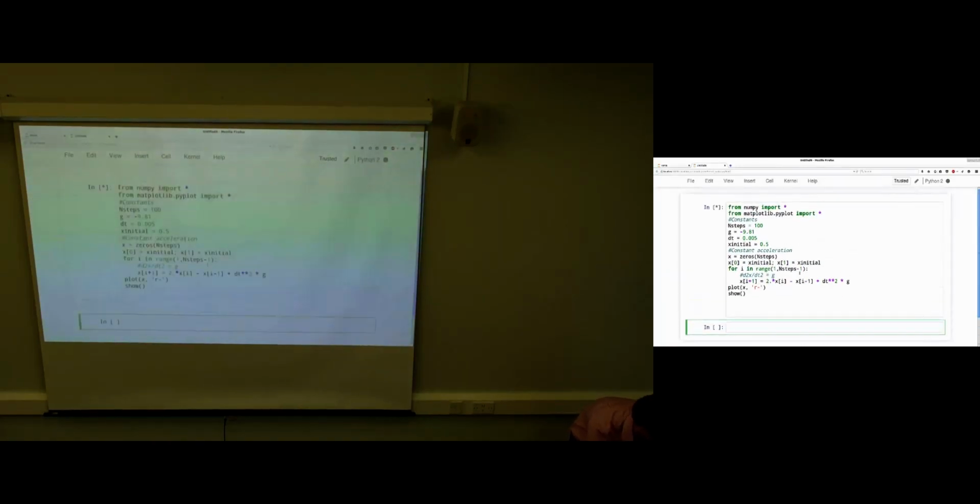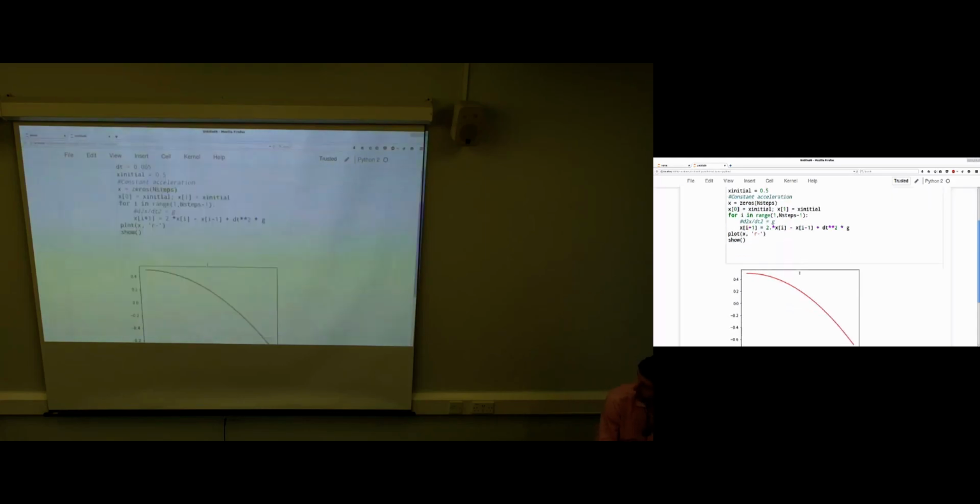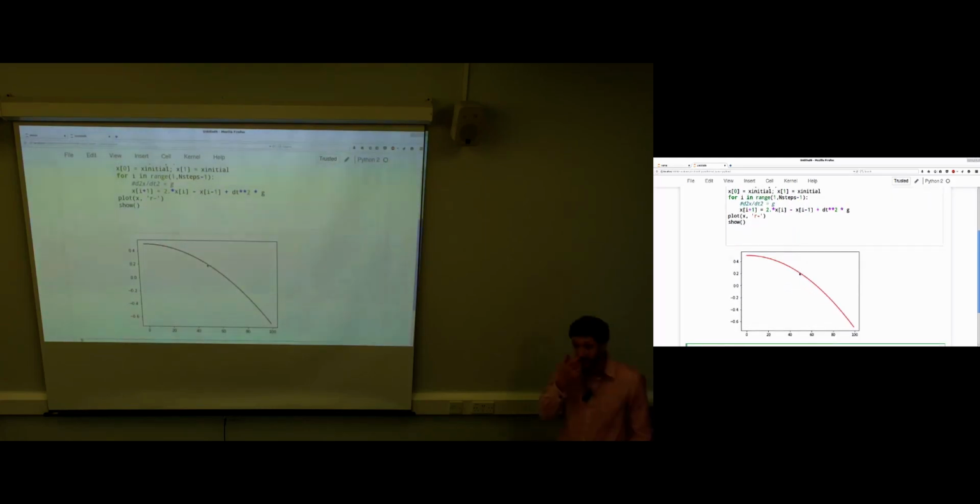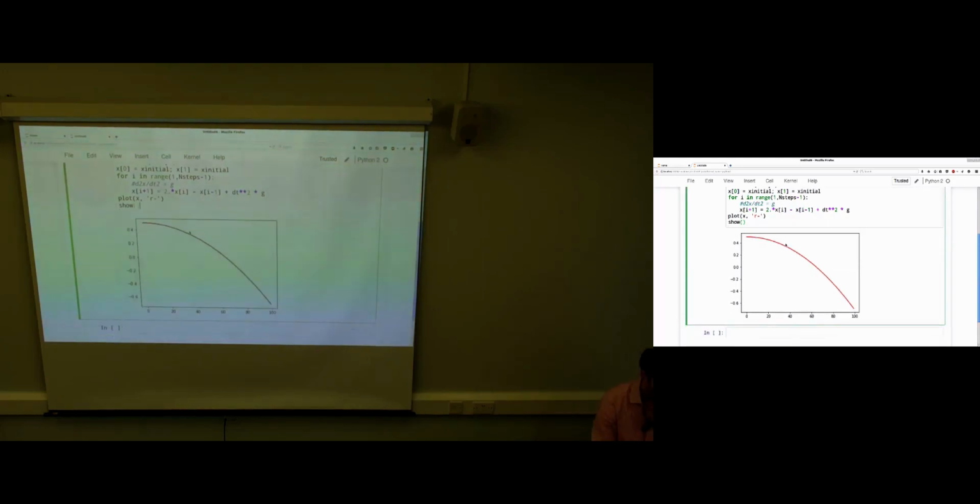So what I'm doing is running this in what's called a Jupyter notebook, which is just a way of running Python. And you can see we get a similar plot to what we had before with Excel. Instead of taking successive cells and working out the value in the next one, we're redefining a variable each time. So we're doing exactly the same thing here with the code.